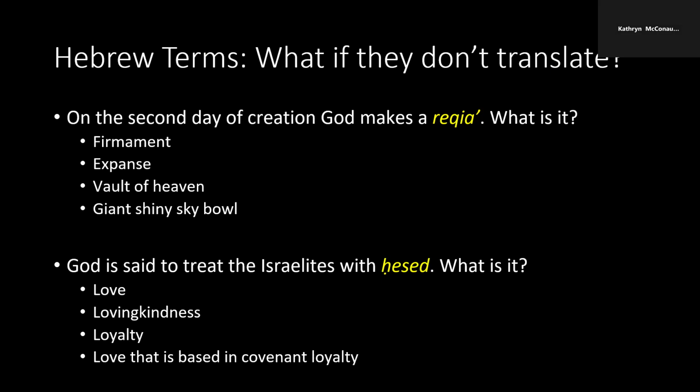There's also, for example, the word chesed. I don't know that we've really encountered chesed yet, but chesed gets translated all kinds of ways. Love, loving kindness, loyalty, affection, patience. All of these are common translations of chesed. But what is chesed?